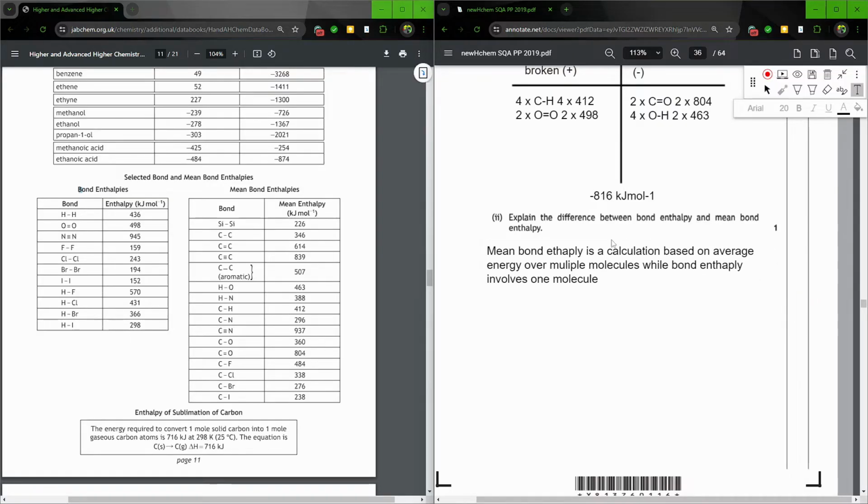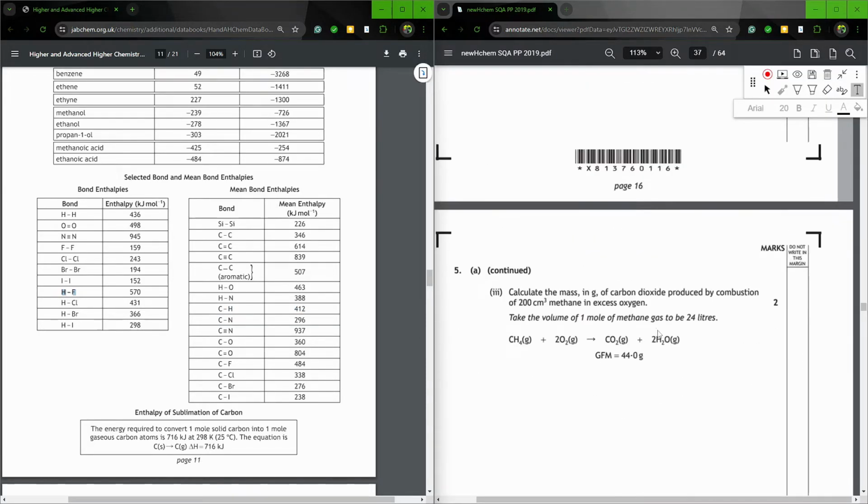So yeah, it's because there's lots of molecules that use C-H, but there's only really one molecule that uses H-F, for instance. Right, and we'll move on.